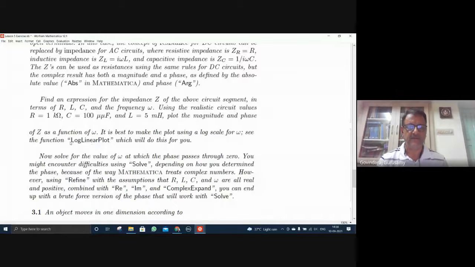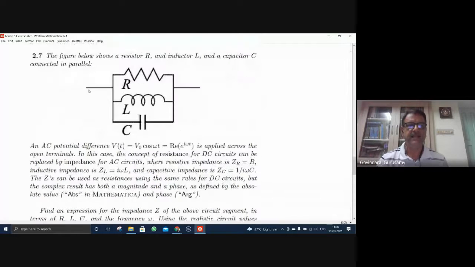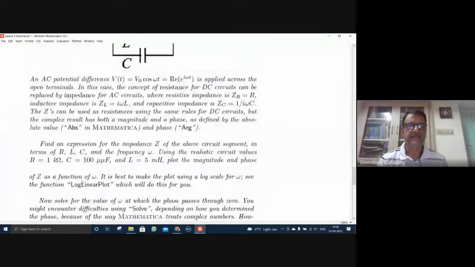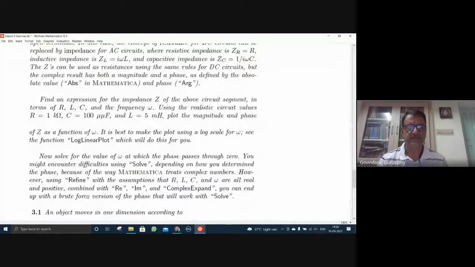Now we are going to learn a new one, which I'll give some typical examples right now. Okay, log linear plot, which means we already learned the polar plot. Now there is another thing which is coming, which is a new thing which you are going to learn now, which is a log linear plot, which will do this for you.